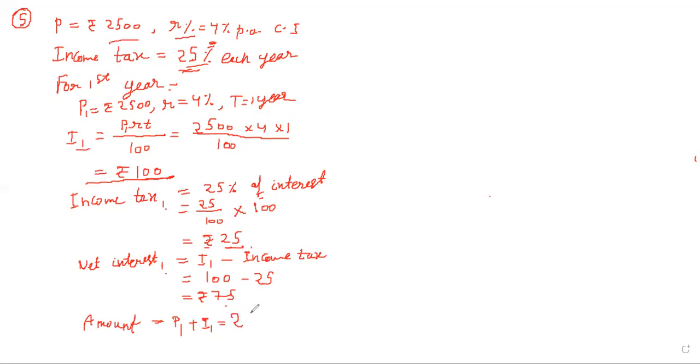We find the amount using principal plus net interest. We add this interest only, not the complete interest before deducting the income tax. 2,500 we have deposited in the bank, and plus 75 as the interest is added to it. So in all we get rupees 2,575 as the amount after 1 year.